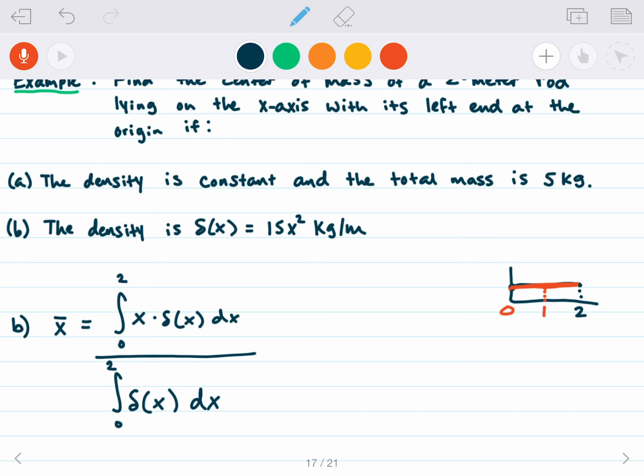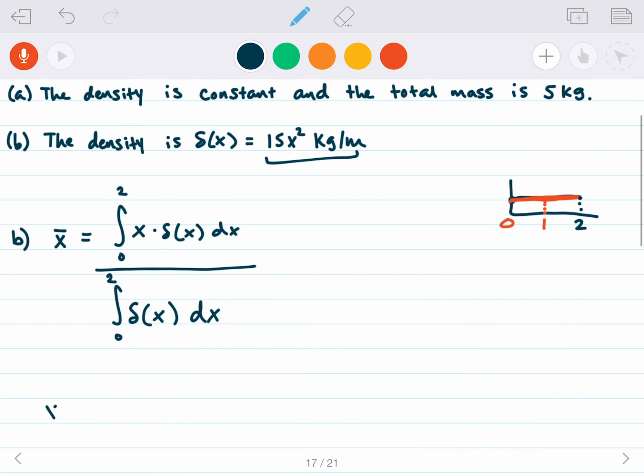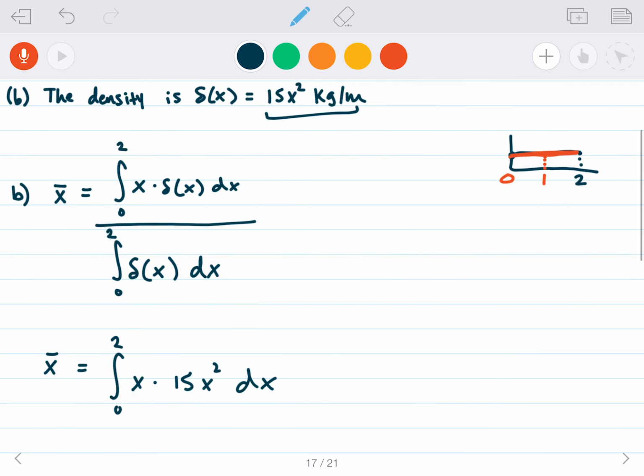Okay. So the density function is 15x squared, so we can go ahead and plug that in. So we have, going from 0 to 2, x times 15x squared dx over the integral from 0 to 2 of 15x squared dx.